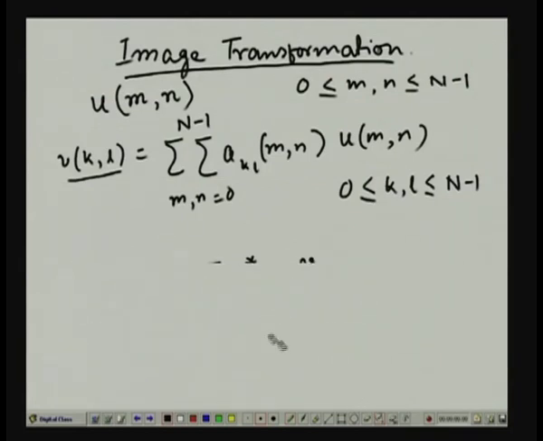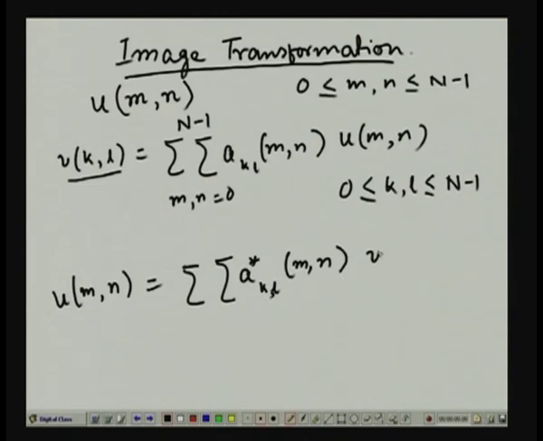Let me rewrite this. u m n will be given by the double summation of A star k l m n into V k l, where k and l vary from 0 to capital N minus 1, and this has to be computed for 0 less than or equal to m, n less than or equal to capital N minus 1.